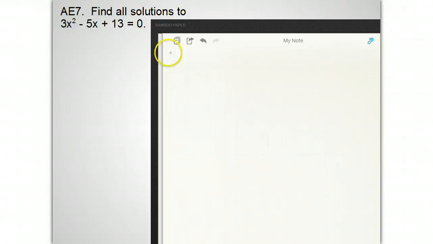So we're going to use the quadratic formula. A is equal to 3, B is equal to negative 5, and C is equal to 13.